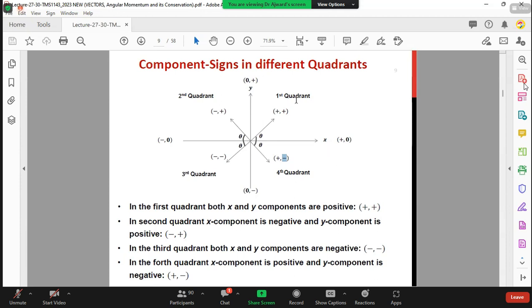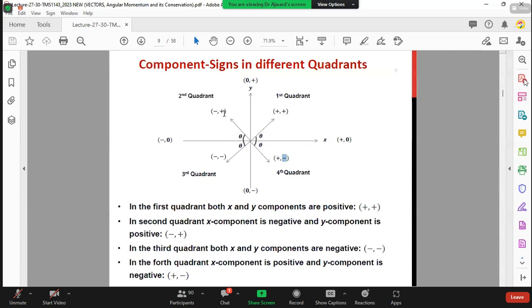If some vector force is pointing in this direction in your xy coordinate system, both x and y components are positive. A cos theta and A sin theta both are positive. Maybe with the force, for example, if you already did the lab, maybe you understand what I mean more clearly. And if it is pointing this direction, then the x component becomes negative, the y component positive.